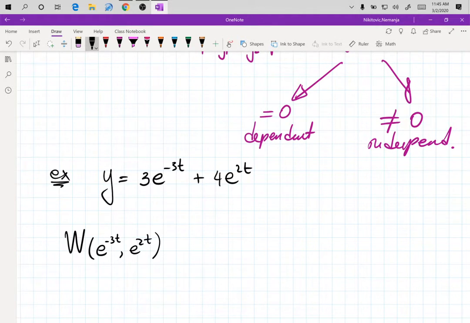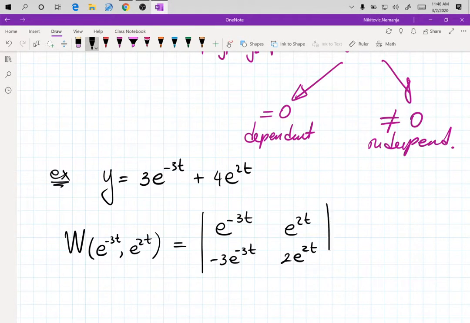And then we are going to just compute the Wronskian by working out the determinant of e to the negative 3t, and then e to the 2t, and then the derivatives, negative 3e to the negative 3t, and 2e to the 2t.